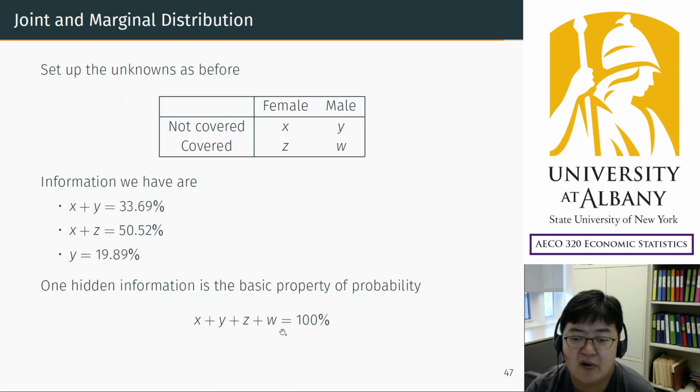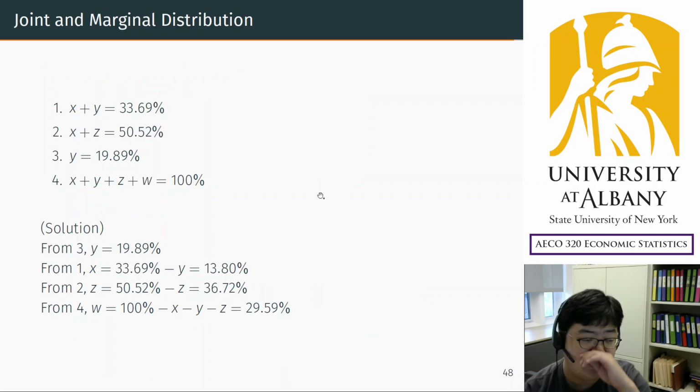The sum of the 4 unknowns must be 100%. So combining equations 1, 2, 3, and 4, you should be able to solve for these 4 unknowns. I believe it should be straightforward. Given that the prerequisite is calculus, solving this equation should not be a problem.